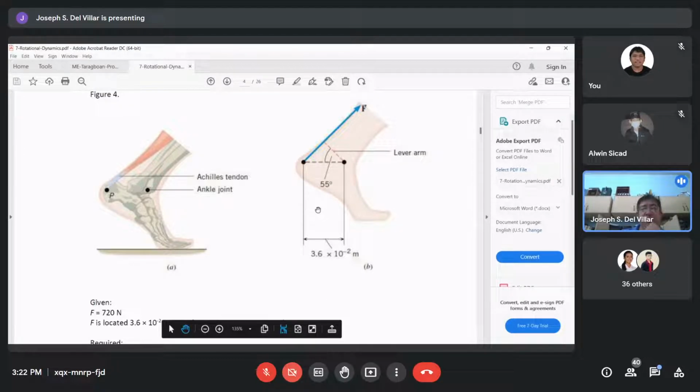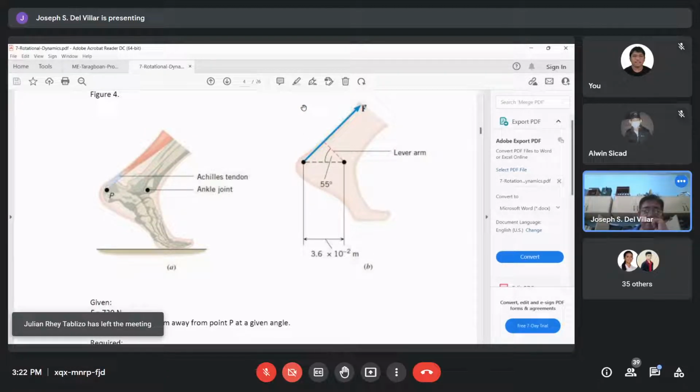So we resolve the force. Okay, so this is its vertical component. You just draw a line from point P, then vertically up. Okay? So this is the vertical component. Then its x component, you just follow the black dotted line going to the right. So up to there. That is its x component.